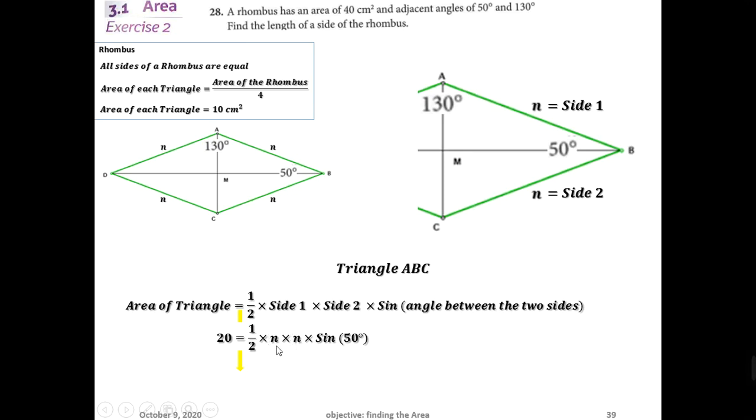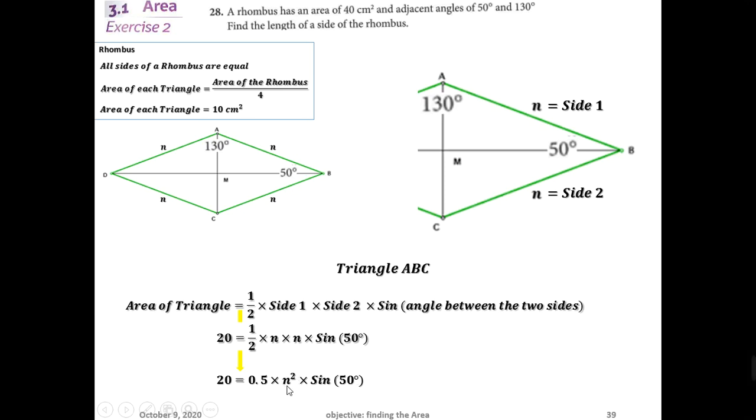So we multiply the coefficients, so it's going to be 1. And the power here is 1, and 1. When we multiply two expressions, we add the powers. So n times n is equal to n squared. And 1 over 2, we can write as 0.5. So it's going to be 0.5 times n squared times sine of 50 degrees.